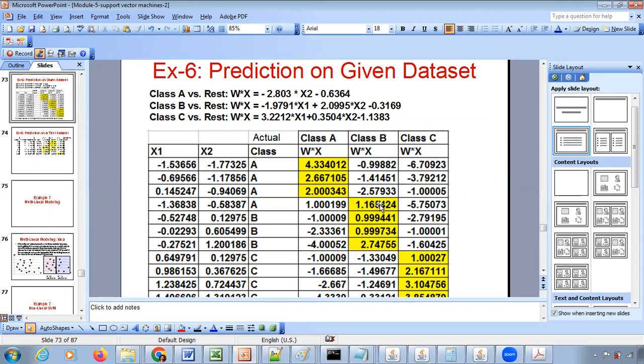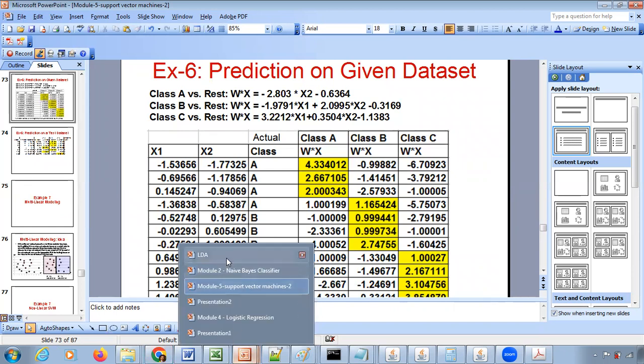But for class B versus rest, it came out to be 1.165, a little larger than the W times X value for class A. Going with that convention, we pick the class for which the W times X value is the largest. So this data point is predicted to be in class B, but it's actually in class A. That's the discrepancy that we noticed in the support vector machine.